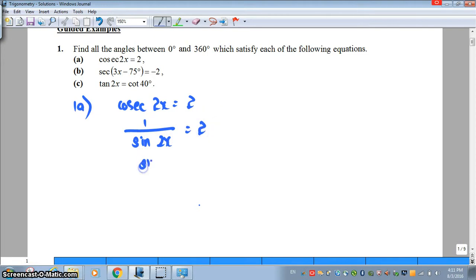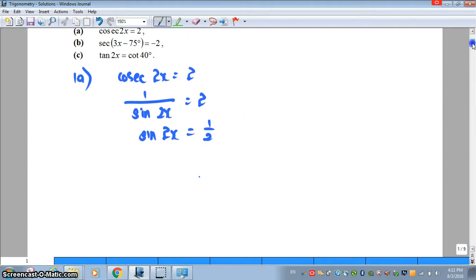This will mean that sine 2x will give us half. You can see this is a use of double angle, and the good thing is we are able to solve it immediately without referring to any formula sheet. Why? Because there's only one trigo term that we are looking at. So in other words, we can find the reference angle. In this case, it will be sine inverse of half.